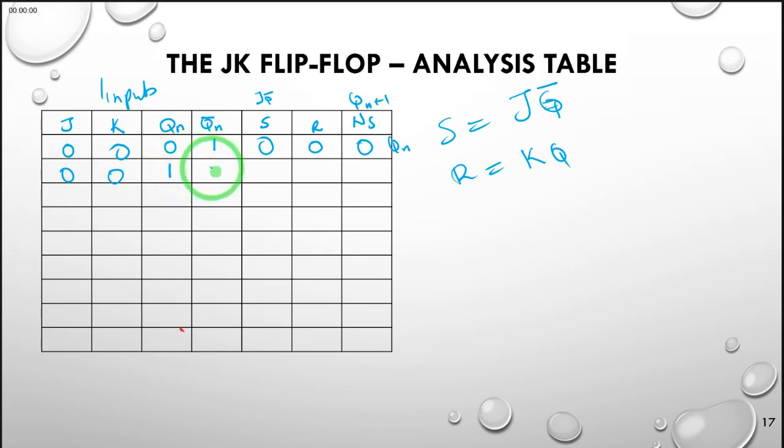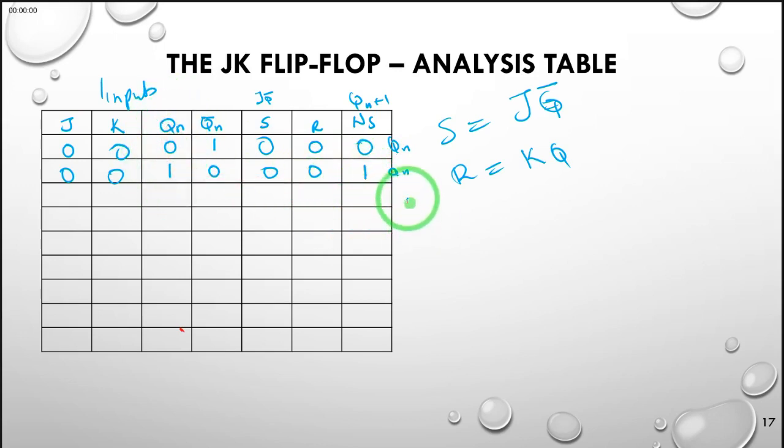Therefore Q bar will be 0. S is this times this, which is 0, and R is this times this, which is 0. SR says that when S is 0 and R is 0, the next state is Qn. This time Qn was 1, so the next state becomes 1.